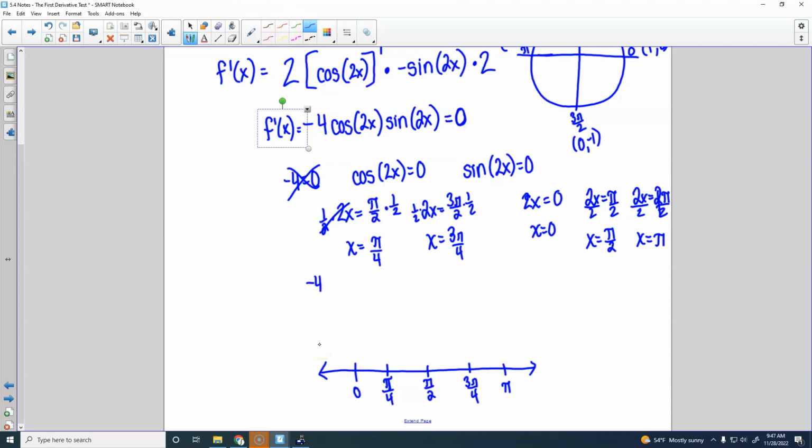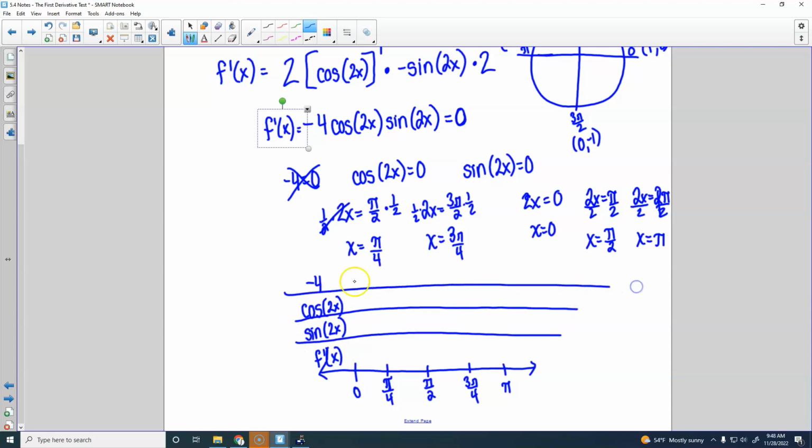That's going to matter because it's negative and it's going to change your answers if you leave it off. And then we also have cosine of 2x, and we have sine of 2x, and then we would have the derivative itself in our table. All right, so negative 4 is always negative, so we want to include that there. We don't have to look past pi because they only told us to go from 0 to pi.